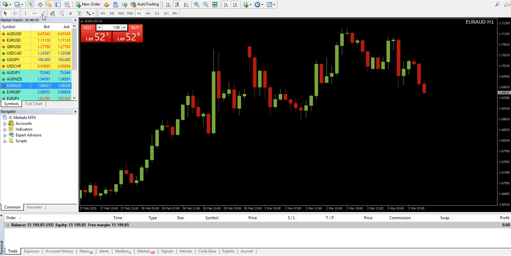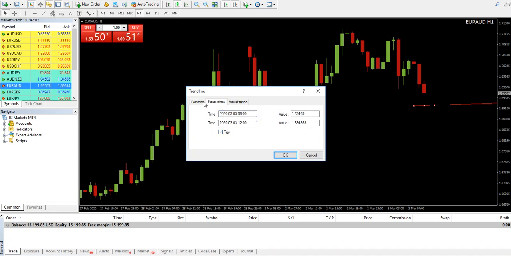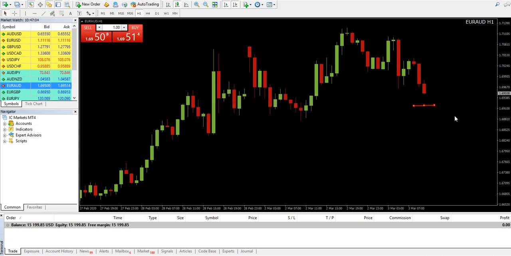Your analysis says the market is now moving down, and you believe it's likely to continue moving down. Maybe you have done your analysis, and you believe that if price comes to this level, it's likely to continue downwards.